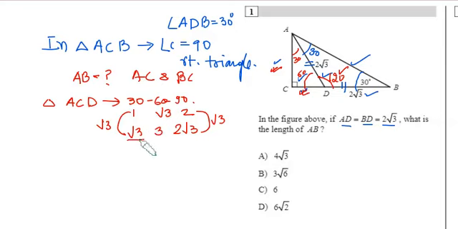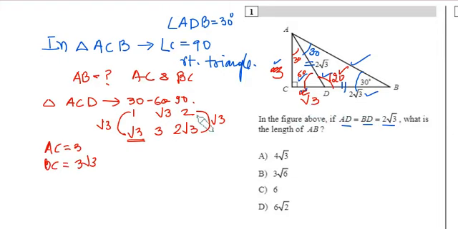That means the side facing 30 degrees, which is CD, will be root 3, and the side facing 60 degrees, which is AC, will be 3. Now you know AC is 3. BC is how much? BC is equal to 2 root 3 plus root 3, that is 3 root 3.